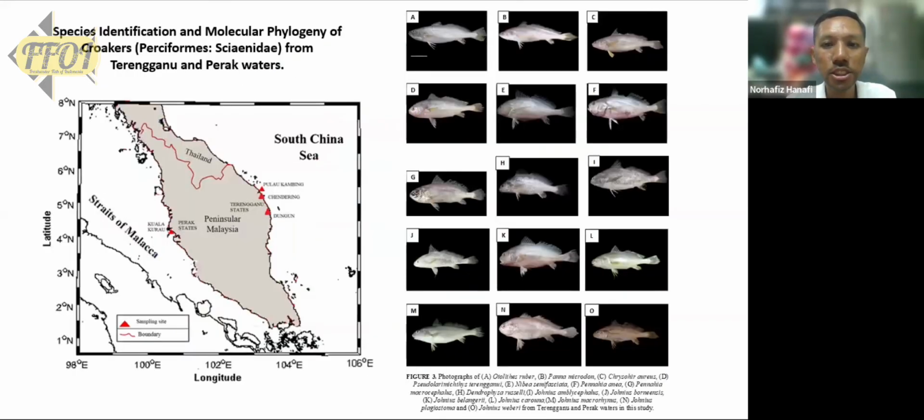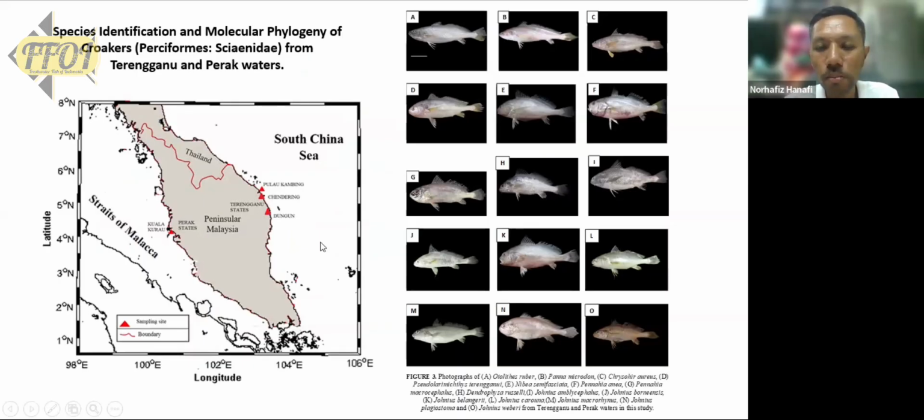Based on my survey for species identification from Terengganu and Perak, I found 15 species. First in Perak State, in Kuala Kurau, a specific locality. In Terengganu, I collected at three sites: Pulau Kambing, Cendering, and Duman.